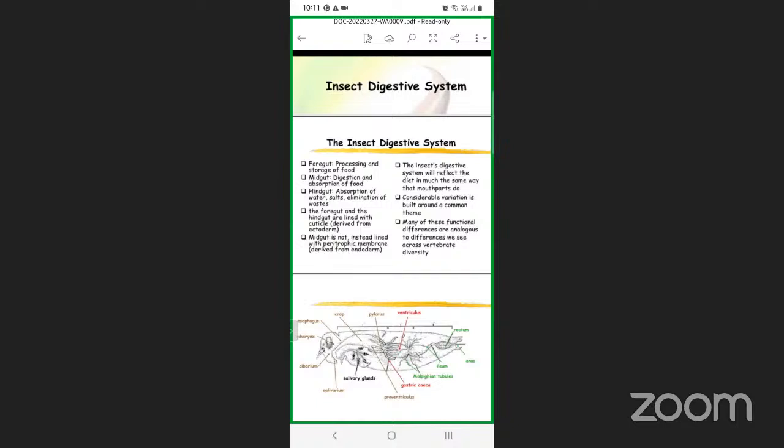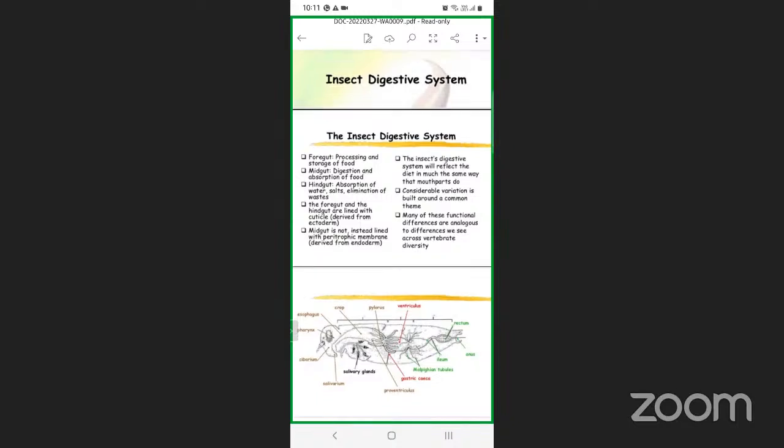These cells are involved in the synthesis of digestive enzymes and in the absorption of the digested food.